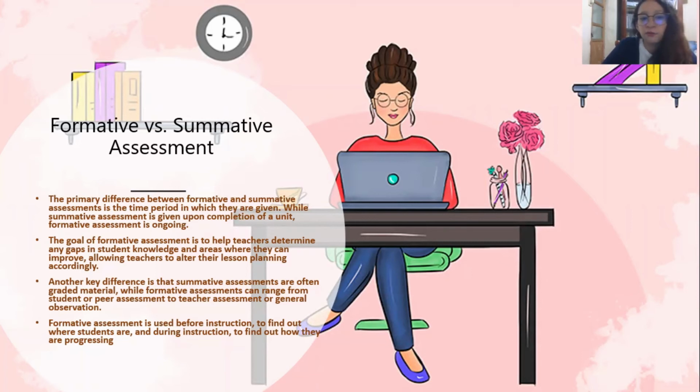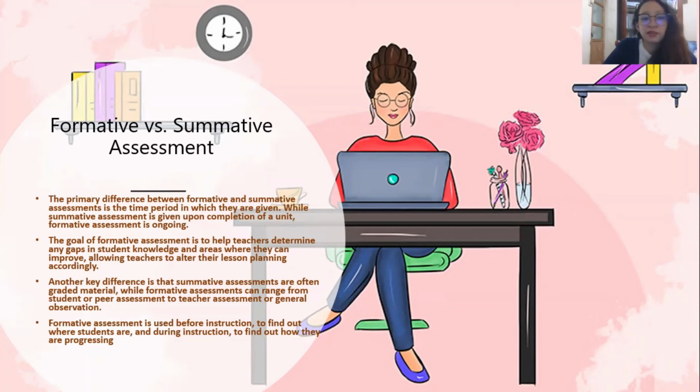The goal of formative assessment is to help the teachers to determine any gaps in students' knowledge and areas where they can improve, allowing teachers to alter their lesson planning accordingly.